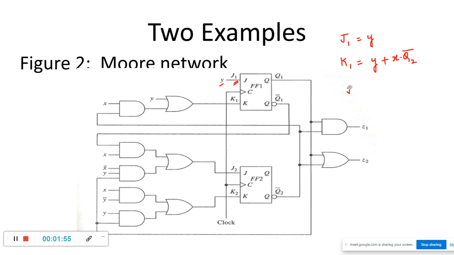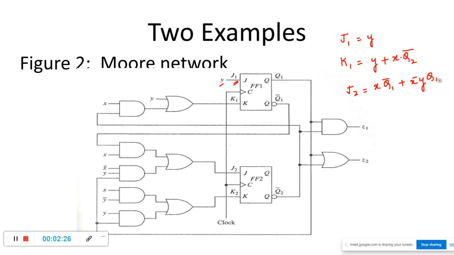Next, J2 equal to what? In the similar way, J2 is equal to X Q1 bar, this is Q1 bar, this line, plus in the next there are three inputs, X bar Y and Q1. The third input is coming from Q1.